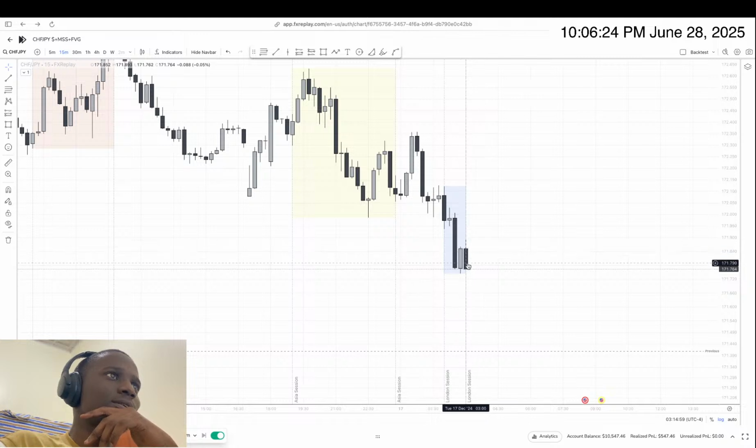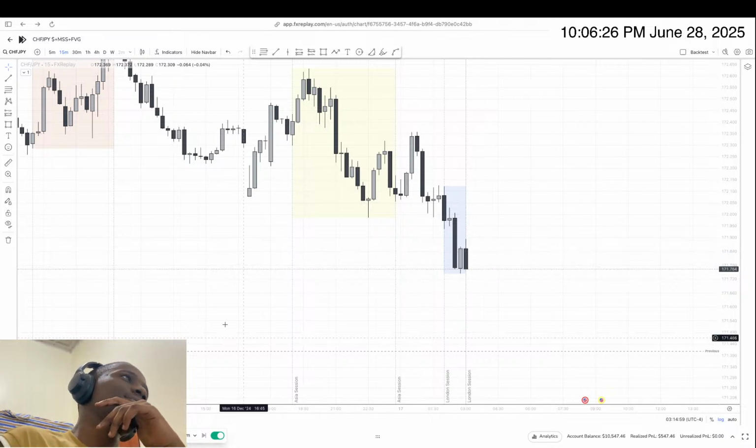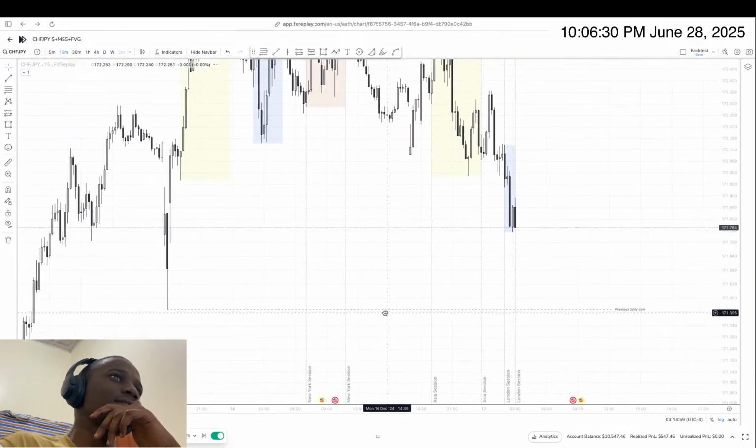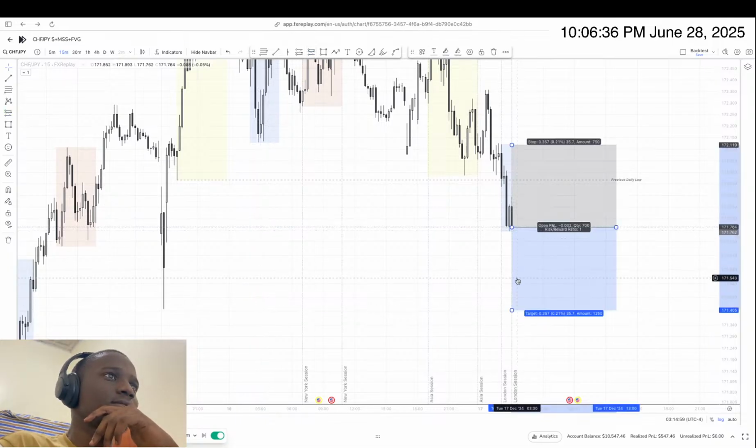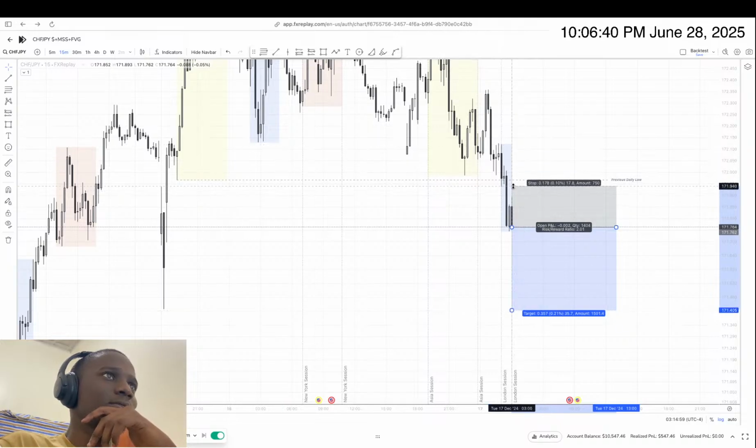And this is also another rejection at 3 exactly, which means I would literally take this entry and our next liquidity pool would be this low here, target there, stop loss like 1 to 2 somewhere there.